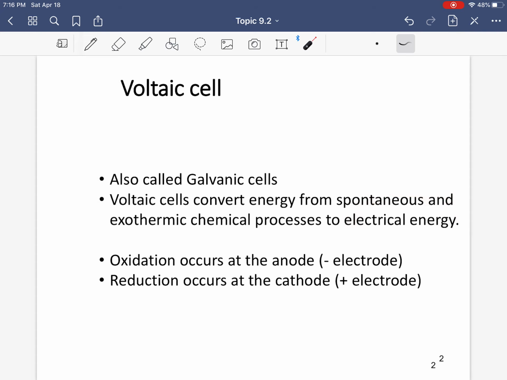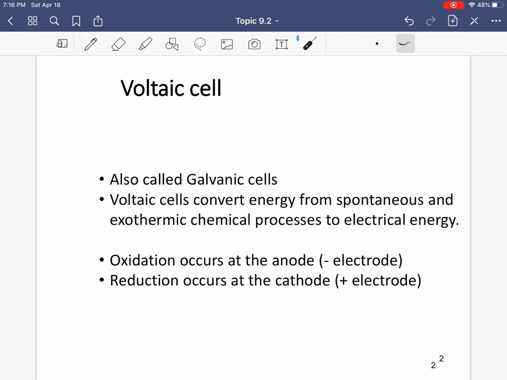So let me tell you again: energy in chemicals is converted to energy in electricity. Obviously, with electric energy, you can do work, which is very important nowadays. Imagine if you have no electricity at home, it's going to be a long day.